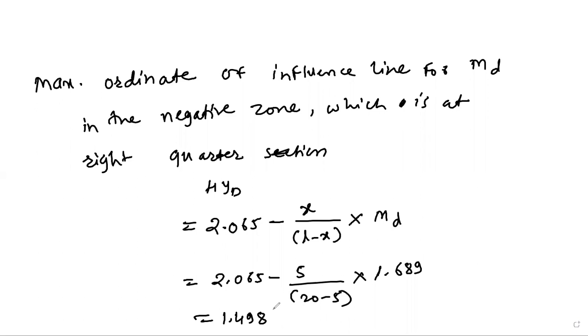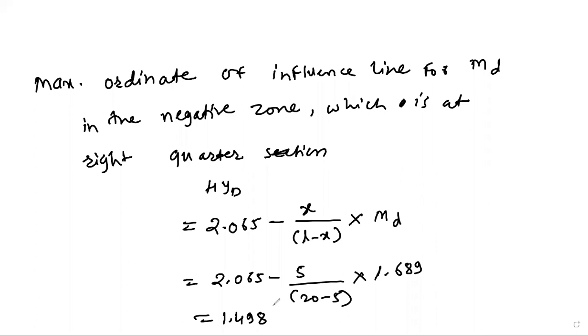Because I have to draw the ILD for bending moment at D. So there is a triangular portion, which is for bending moment at D. That is the beam moment, RA into 5. So negative zone, positive zone, we have to consider because we have to hatch the line.